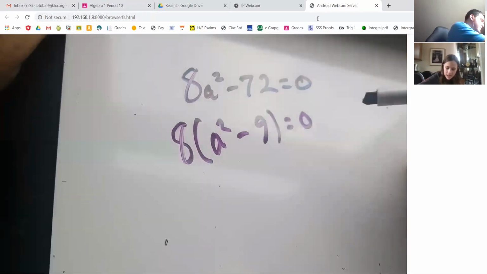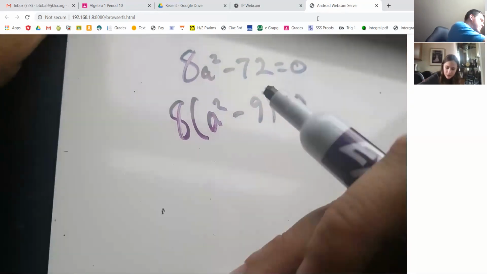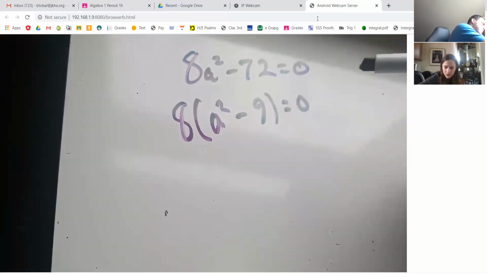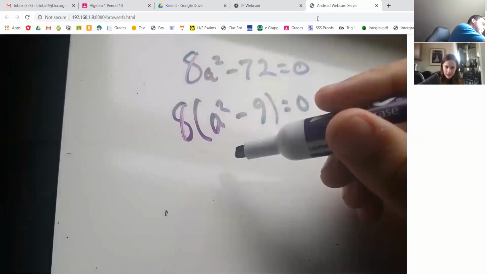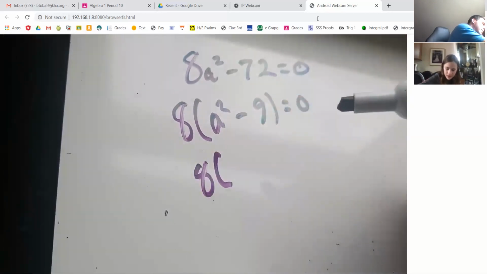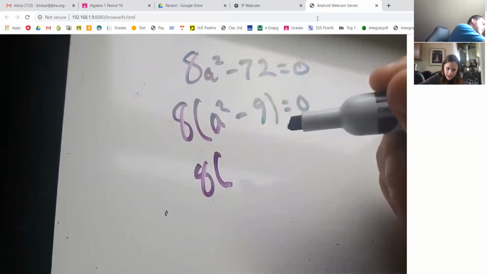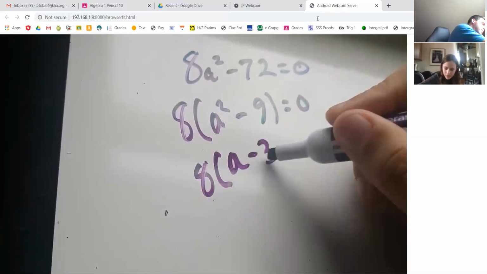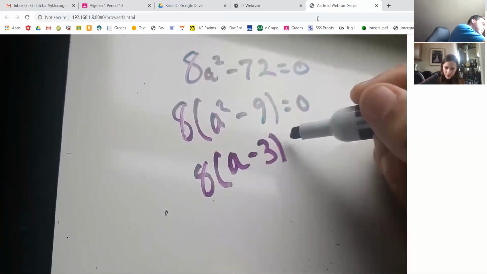Go ahead. And then you're gonna do the perfect square thing. So you're gonna do 8, a new parentheses, but 8 outside of it. And then a minus 3 and then squared.